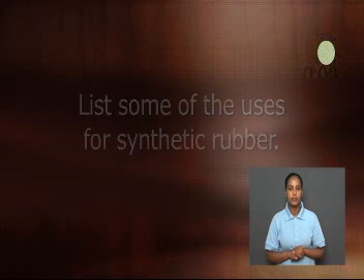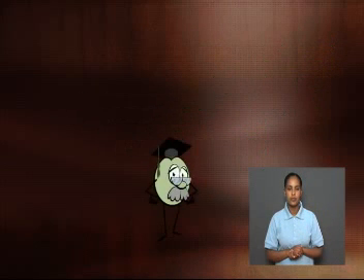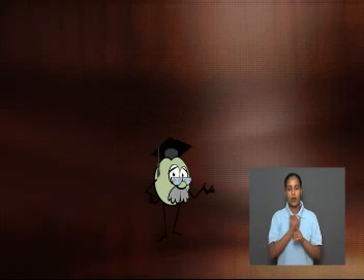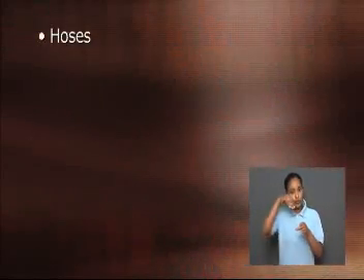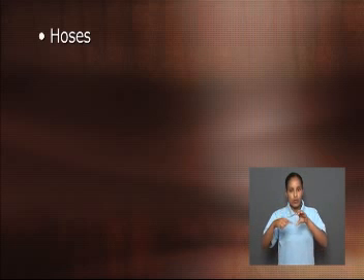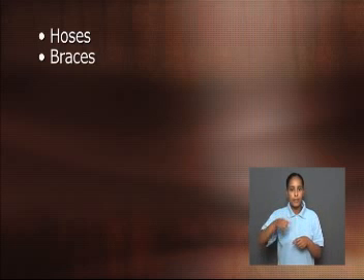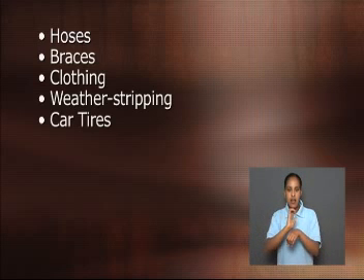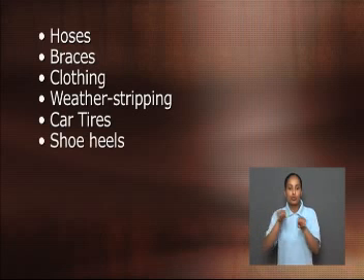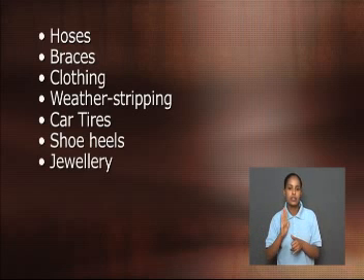Time's up. Let's get back to our lesson. Hello once more, students. I am confident you were able to think of many uses for synthetic rubber. Some uses include for hoses, braces, clothing, weather stripping, car tires, shoe heels, and jewelry.